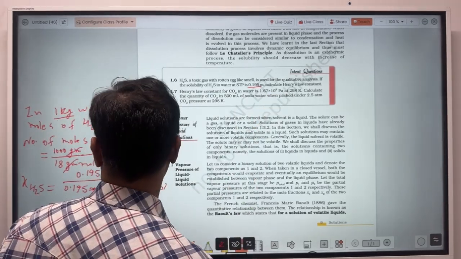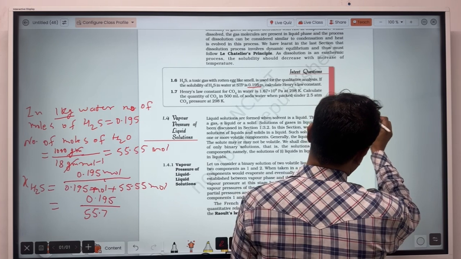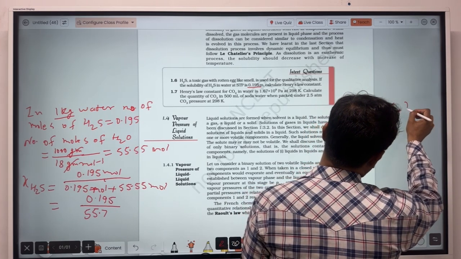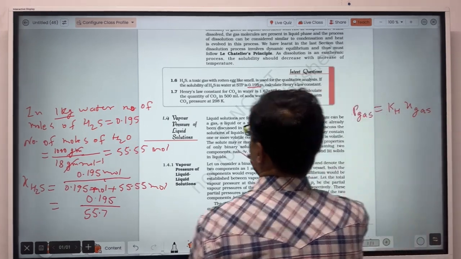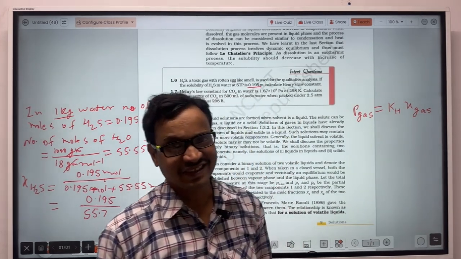Now, what is it asking? Calculate Henry's law constant. You already know the partial pressure of any gas is equal to Henry's law constant KH into the mole fraction of that gas. Here it is at STP. Watch out here.